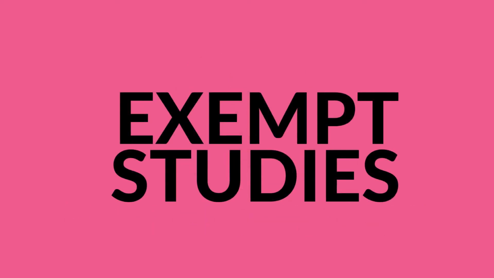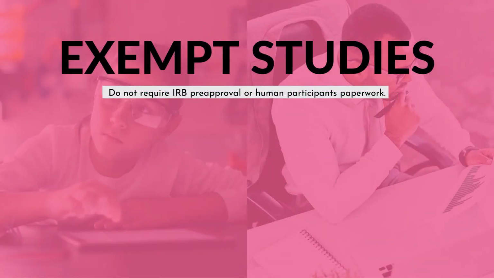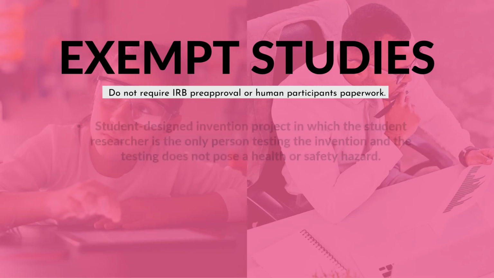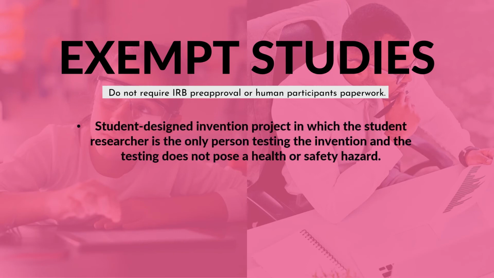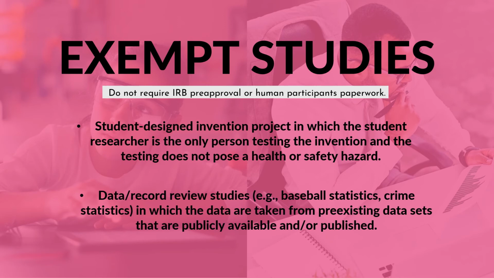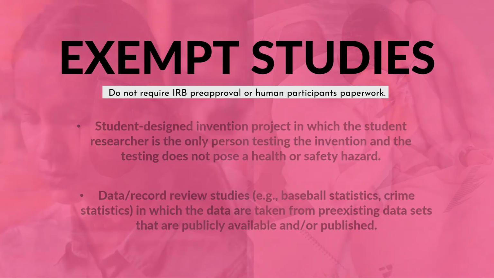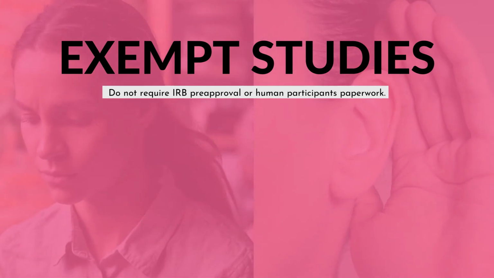Exempt Studies. In the instance of very low-risk human research, the IRB may not require pre-approval. As a result, some of the studies can be exempted. ISEF and affiliated fair SRC-exempted projects are, firstly, projects where the student researcher is the only person testing the invention. Next is data review studies, in which the data are taken from publicly available pre-existing data sets and should not involve human interaction or data collection from a human participant.